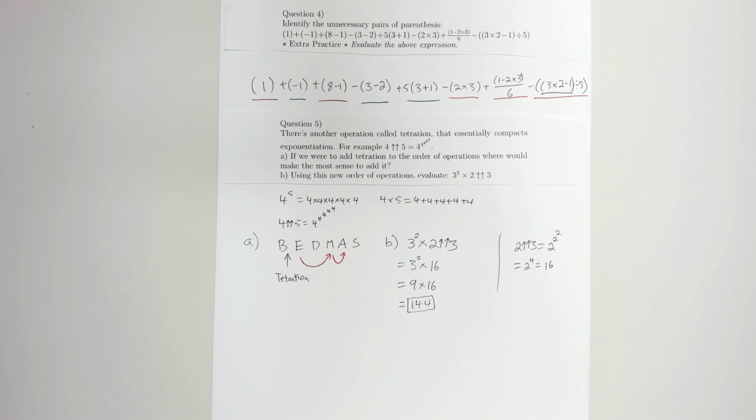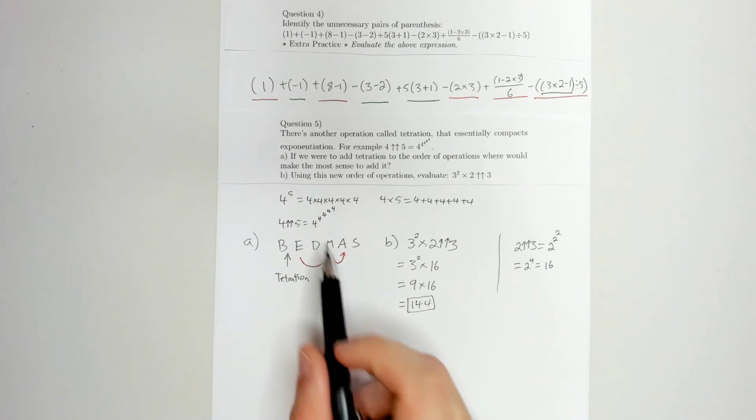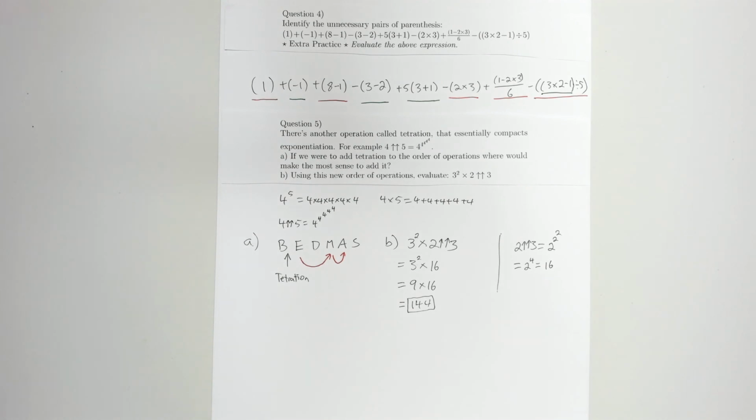And we also talked about some other interesting things, like where are parentheses necessary, what happens when we start defining new operations, where do we put that into the order of operations? And that is actually going to be very relevant, because math gets more complicated and we're going to be looking at more and new types of operations. So it's going to be necessary to consider, okay, where do we actually put them inside the order of operations? And tetration is just kind of one nice example of that.